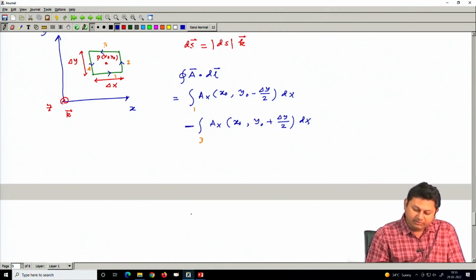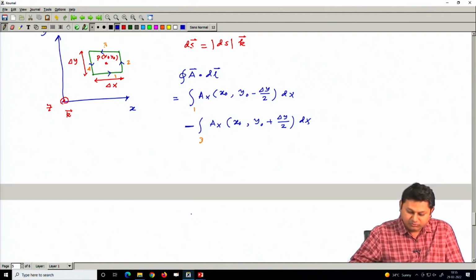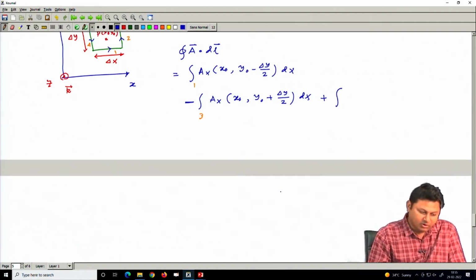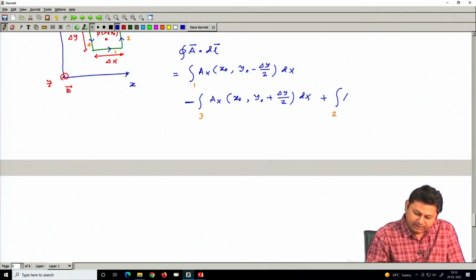In a similar way, if I add another 2, plus integration of line 2, for line 2 I can have A y, and now x0 plus delta x by 2 and y0, and then dy.